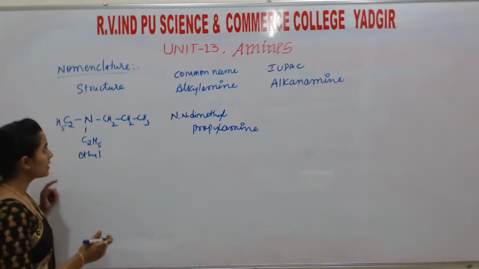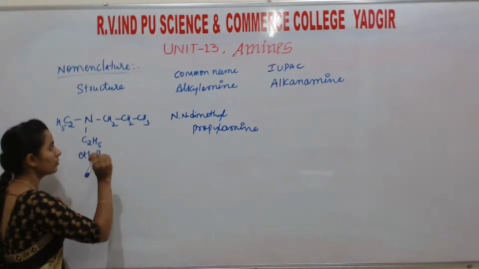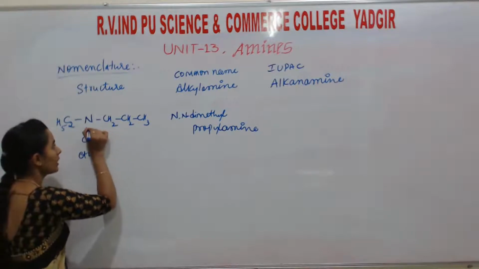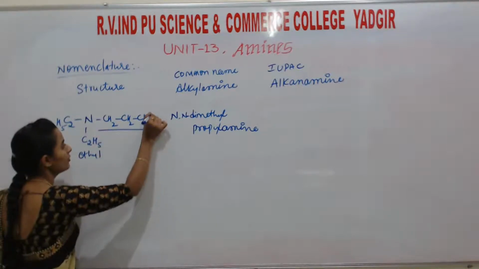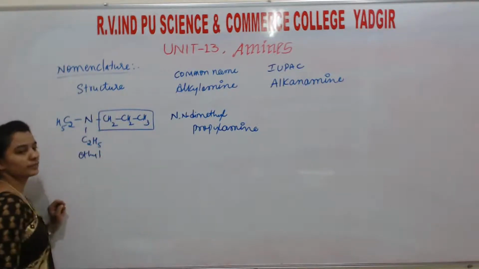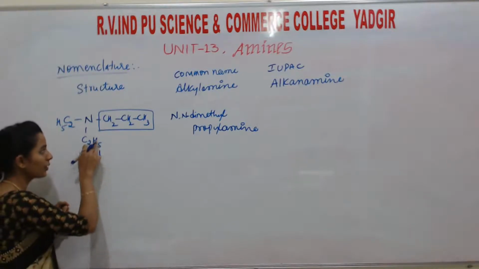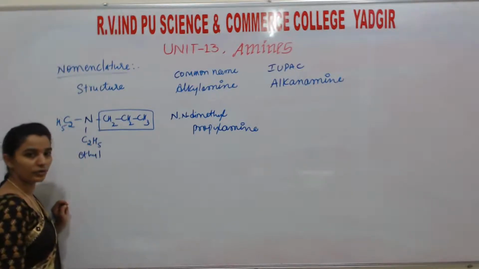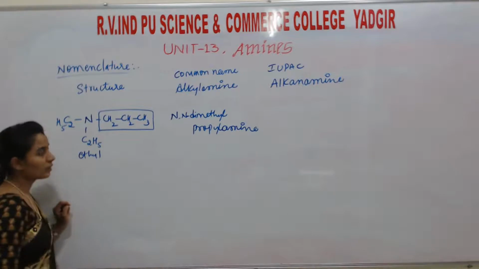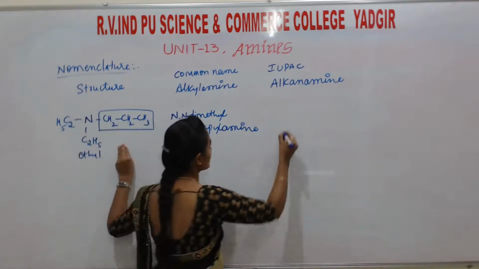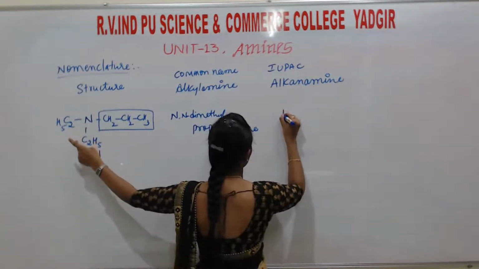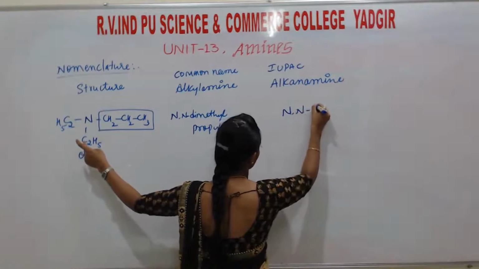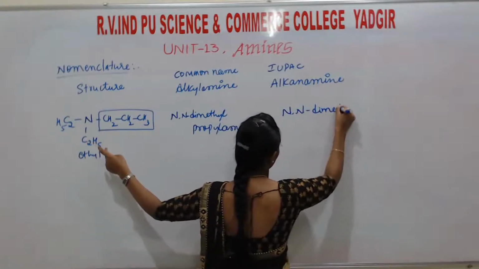So students, always while you are considering the parent chain, you are going to consider the parent chain with the maximum number of carbon atoms. Correct? Here 2 carbons are there, here 3 carbons are there. So the parent chain is this one. So then the name of this is N, N dimethyl.